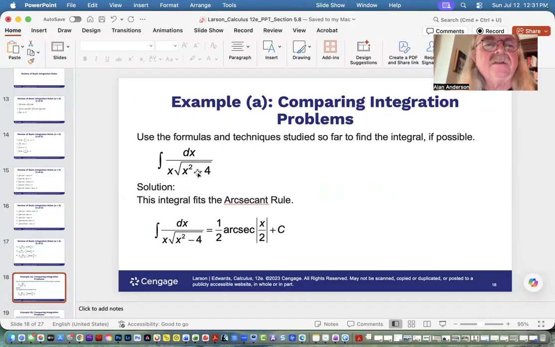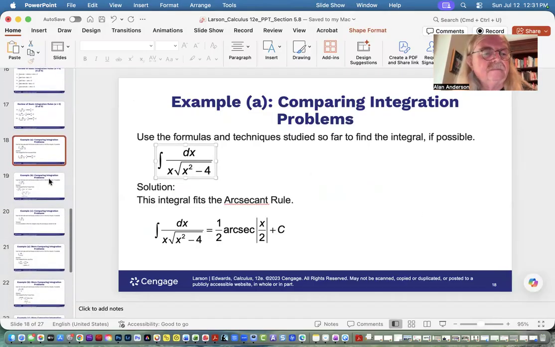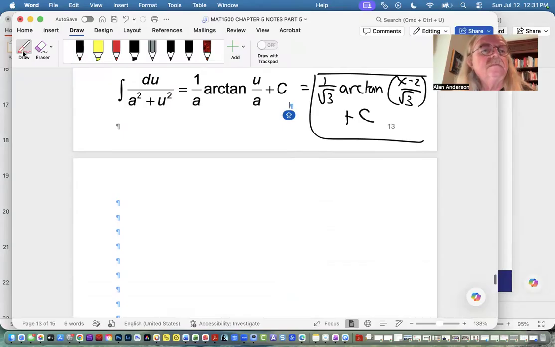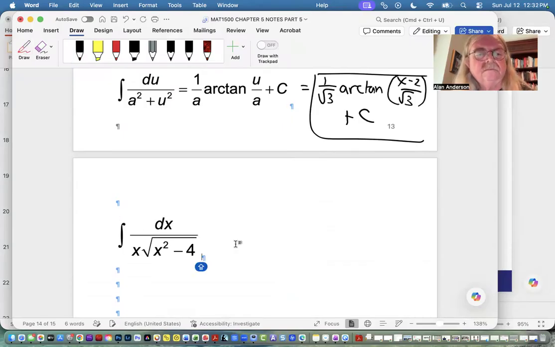All right, so they got another example. Let's say that we decide that u is x, du is dx, a would be 2.